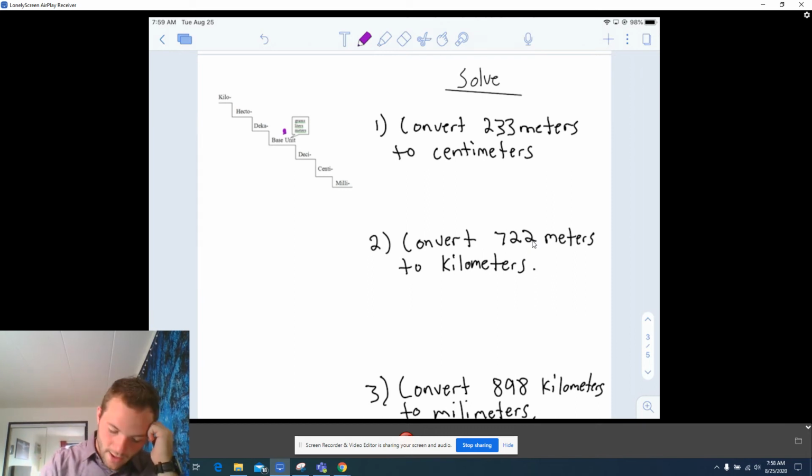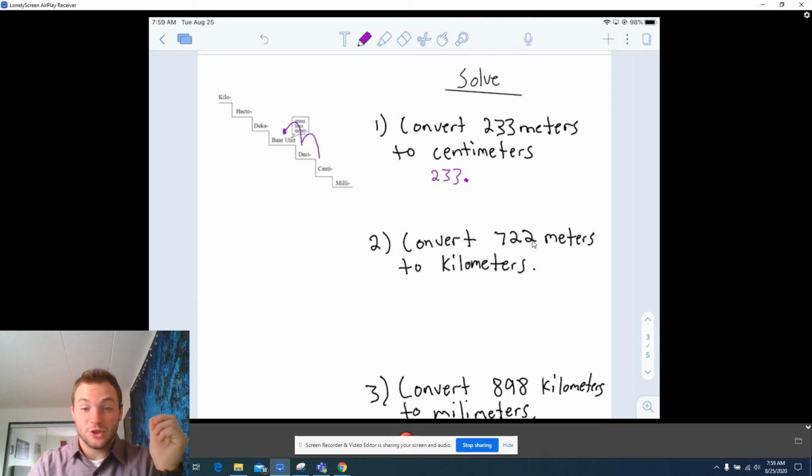So right now we have 233. The decimal place, if you don't see one, is right after it. So 233 meters to centimeters. So that's 1, 2. I'm going to move it 2 decimal places, and I'm going to move it to the right. Because if I'm moving down, I'm moving to the right.